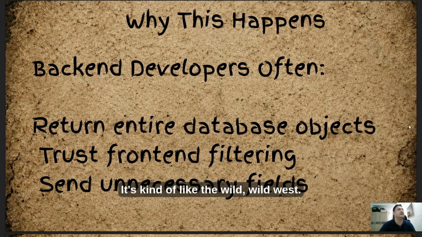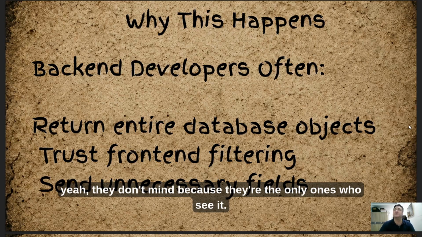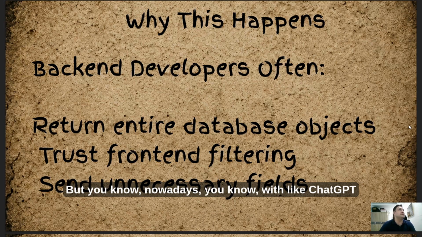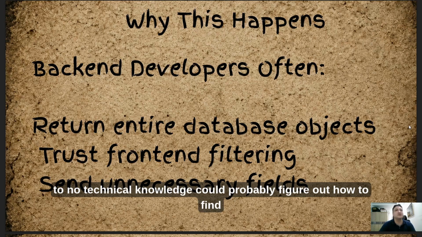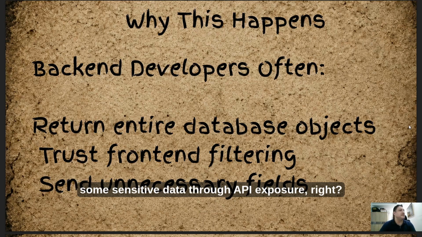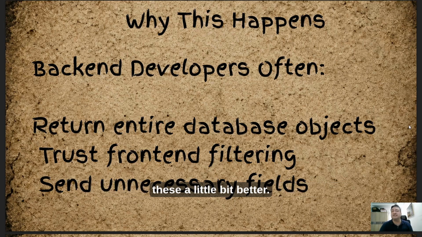It's kind of like the wild, wild west. For developers, they don't mind because they're the only ones who see it. But nowadays, with ChatGPT and a lot of tutorials online, I think anyone with little to no technical knowledge could probably figure out how to find some sensitive data through API exposure, right? So I think the reality is we need to work on securing these a little bit better.